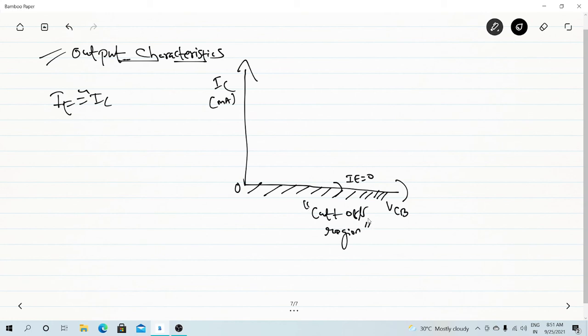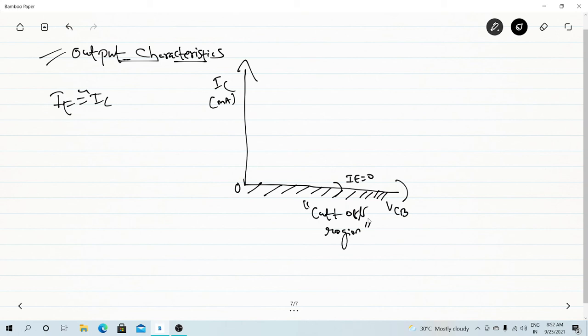When IE becomes 0, you can see IC also is approximately 0. In fact, this IC which we are saying is approximately 0 is not exactly 0. IC is basically the IC minority, and the minority current is very small, in terms of micro or nano.